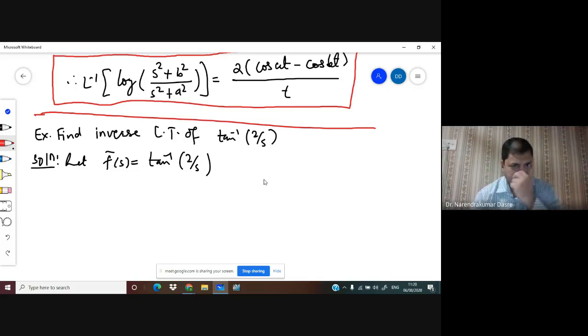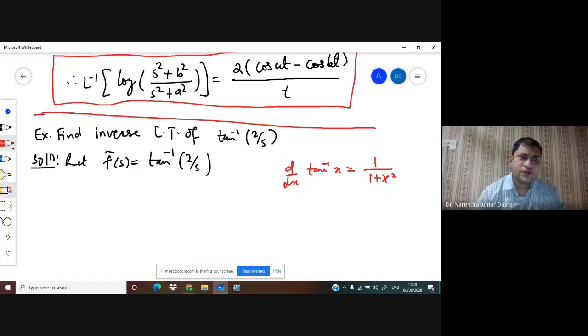If I want to find the inverse, the first step is to find the derivative of tan inverse. So what is the derivative? d by dx of tan inverse x is equal to 1 upon 1 plus x square. Here we need to be careful that this is the correct formula when we have only x.